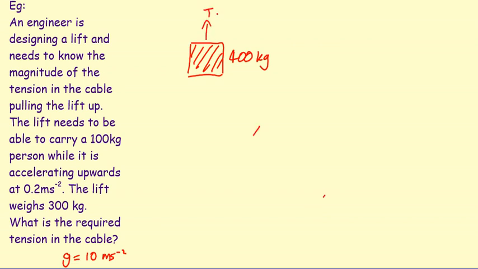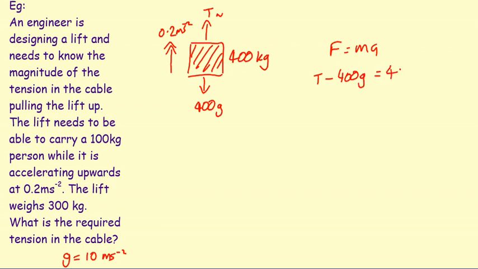So we've got a tension going up, and now instead of two different weights and a reaction in the middle, all we need to think about is the combined weight of 400 G, newtons. They're still accelerating up with 0.2 meters per second squared, and we're going to apply F equals ma again. So we're going to get tension minus the 400 G equals 400 times 0.2, the acceleration.